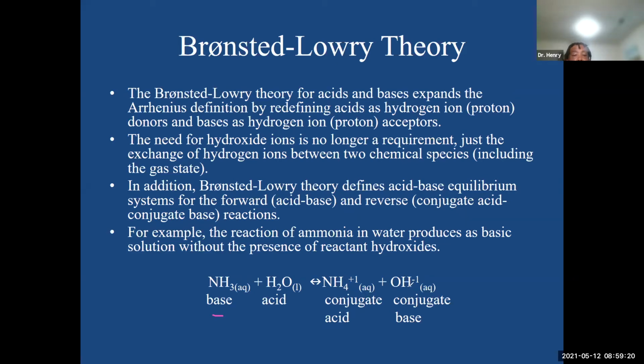Because if we look at it, the equation can technically go the other way as well, right? Since we have these double lines, so really this line means this way and that way. Okay, so in this case, this guy is going to be accepting the H plus, and this guy is going to be our donor.